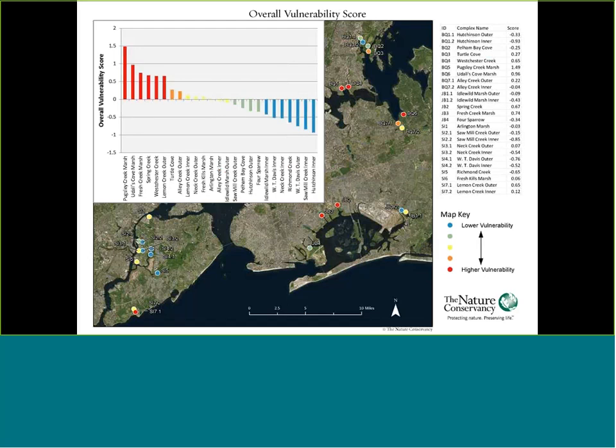And now here's the ranking for our vulnerability index, and now it's flipped. So you have the red, or the higher vulnerability, as positive numbers above the mean, and then the lower vulnerability sites are actually negative z-scores below the mean. And so these are our rankings across New York City.